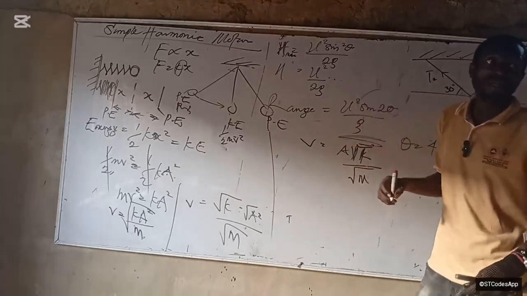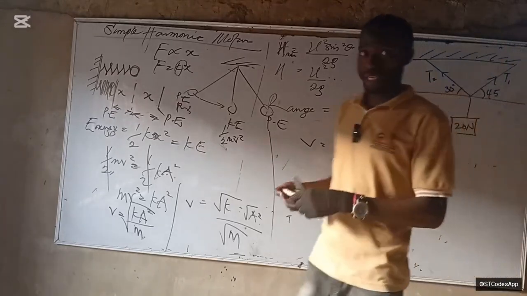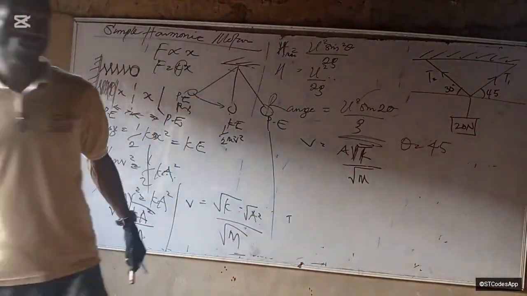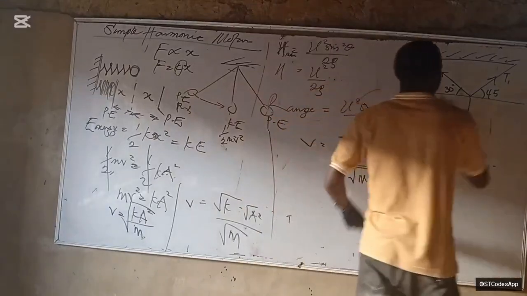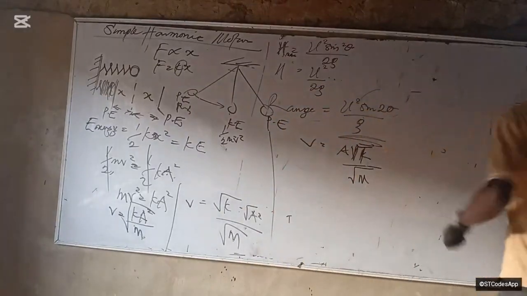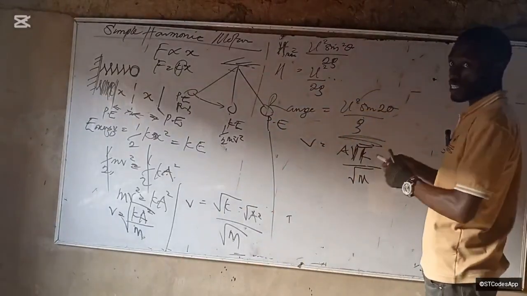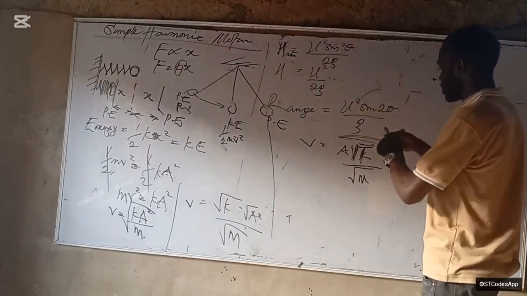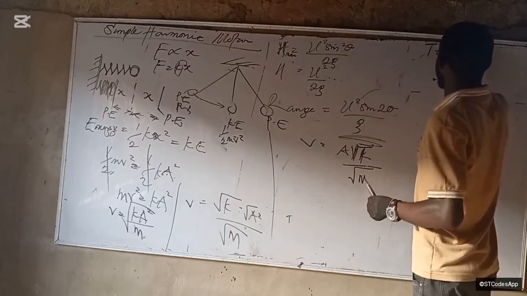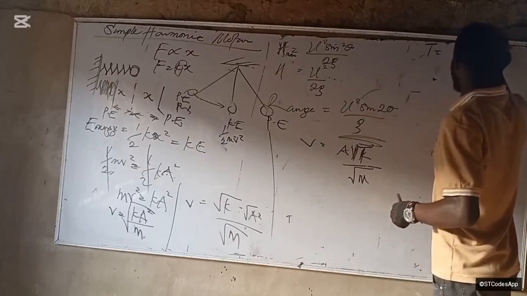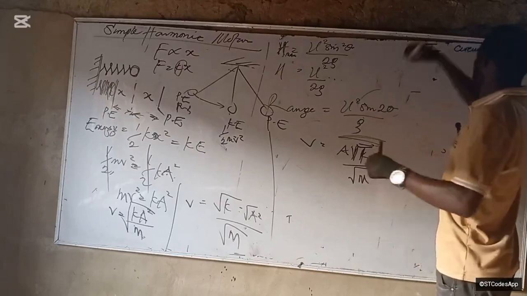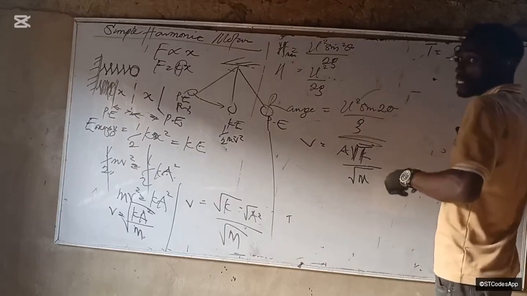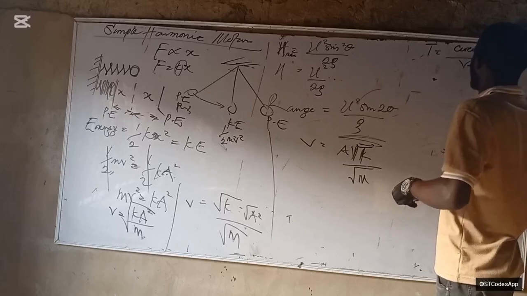Is that okay? Good. Now let's talk about some other things about it, like the period of oscillation. You remember that period is the time taken to complete one oscillation, right? So period here, are you with me? Period here can be equal to the circumference of the circle, that's the total oscillation, per velocity, per speed.